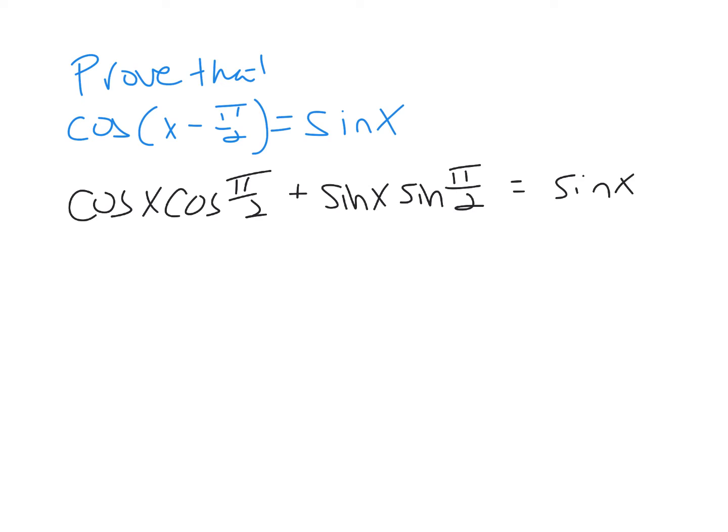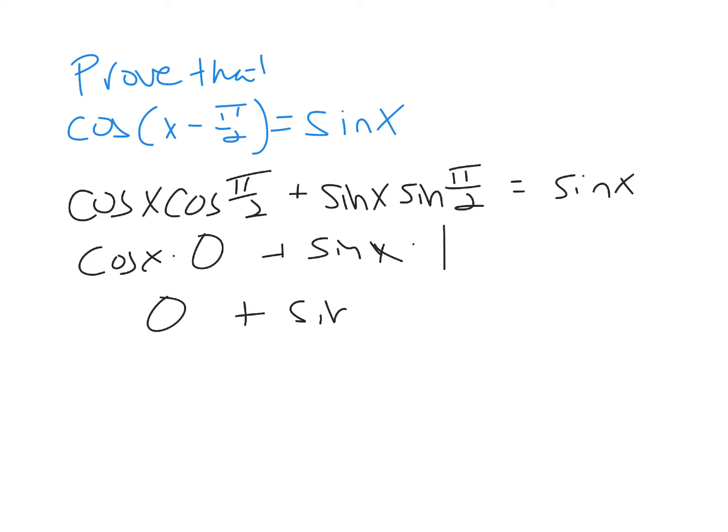Cosine pi over 2 is 0. So this whole thing is going to be 0 times cosine x, which is 0. And then sine of pi over 2 is 1. So it'll be sine x times 1. Anything times 1 is itself. So this left side is going to go to sine x, proving it true.